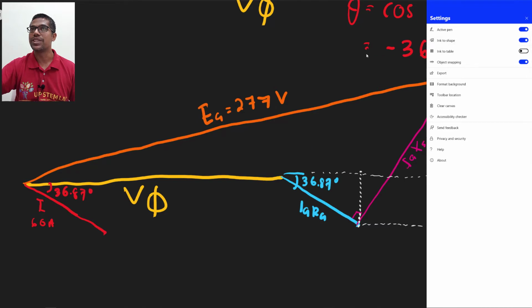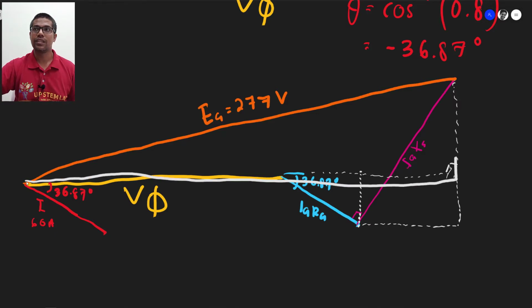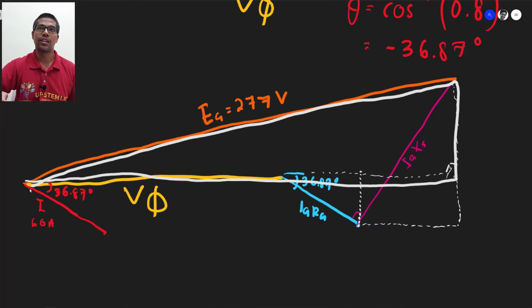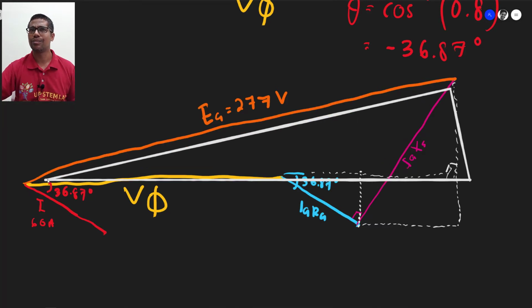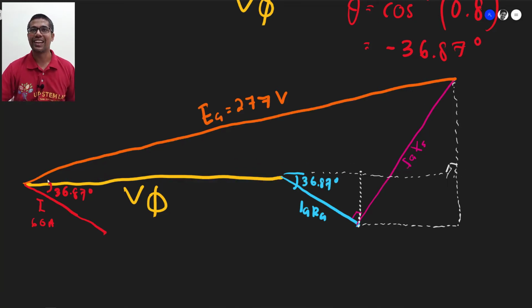This is our triangle. Remember we talked about the triangle, the big triangle. This is our big triangle.